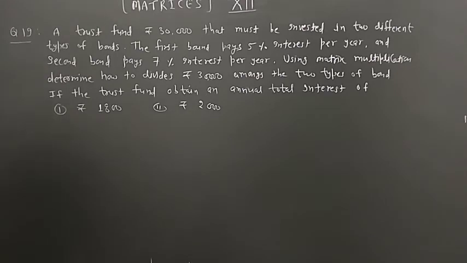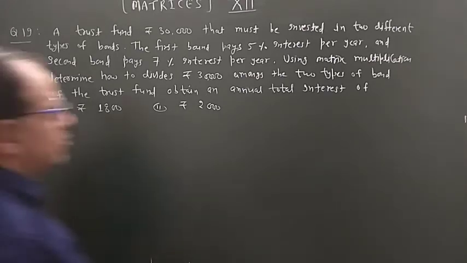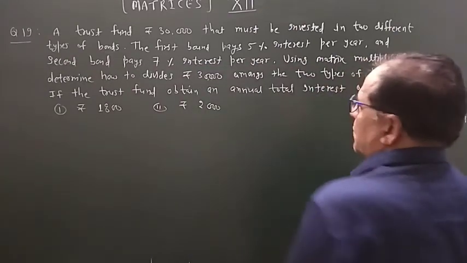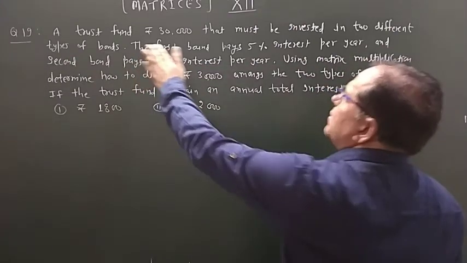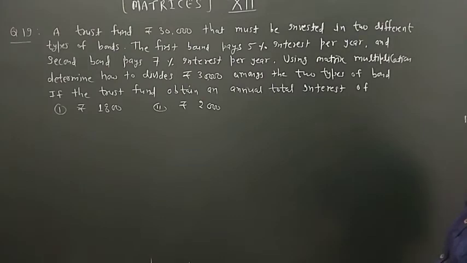Now I am taking one more problem. This is a word problem based on matrix multiplication. A trust fund of rupees 30,000 must be invested in two different types of bonds. The first bond pays 5% interest per year and the second bond pays 7% interest per year.